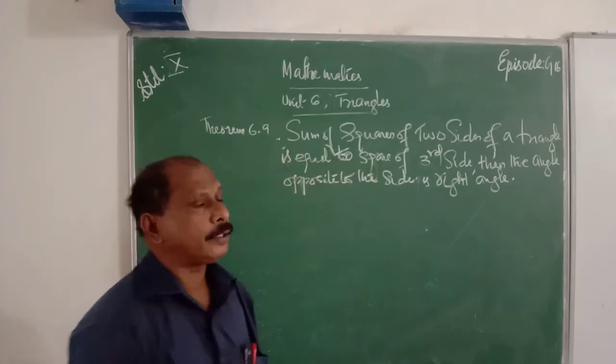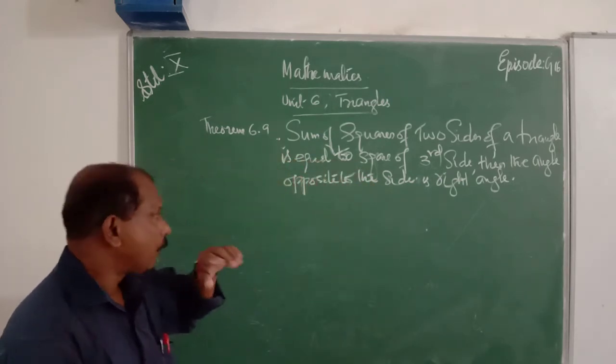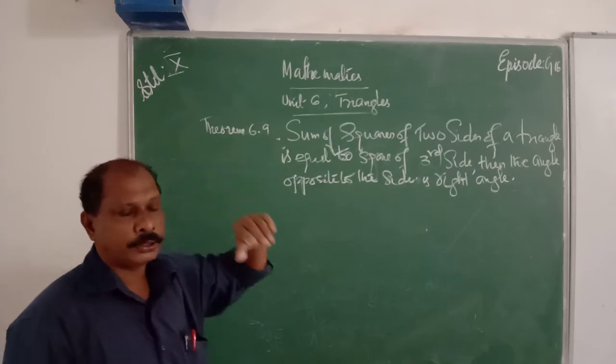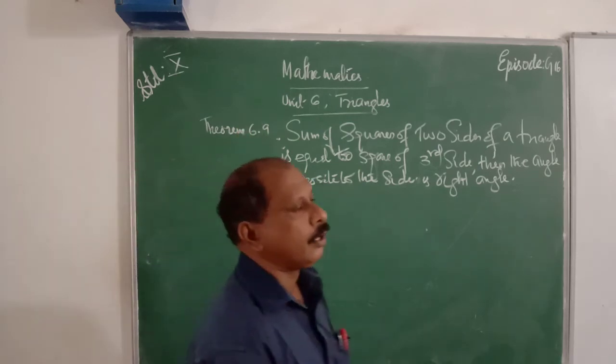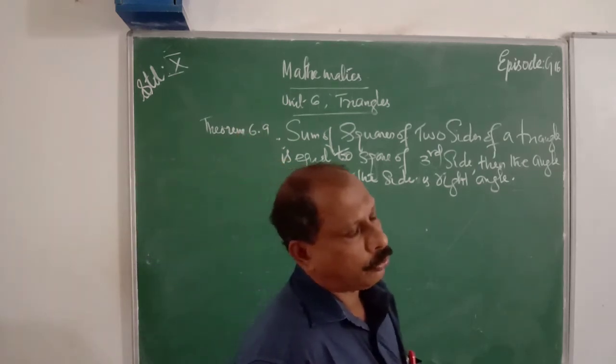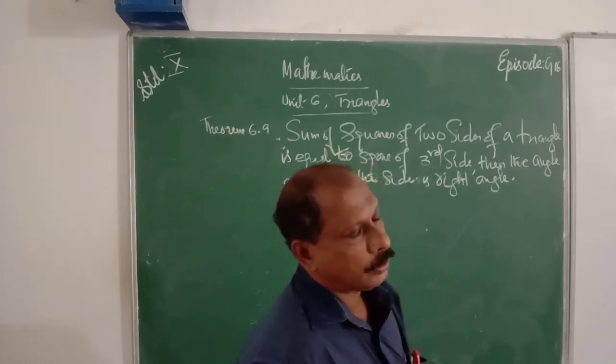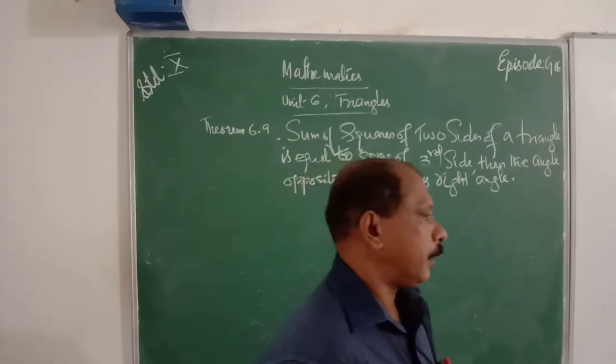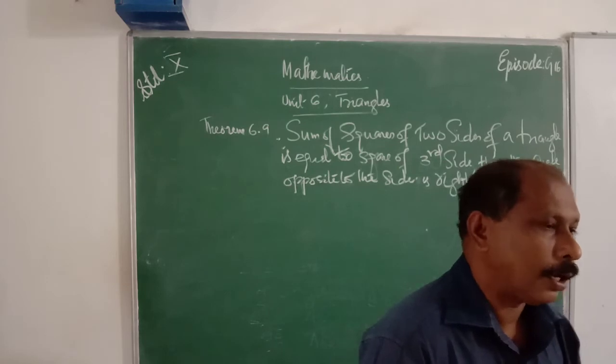The question is: state and prove the converse of the Pythagoras theorem. That means the statement is that the sum of the squares of two sides of a triangle is equal to the square of the third side; then the angle against that third side is a right angle.